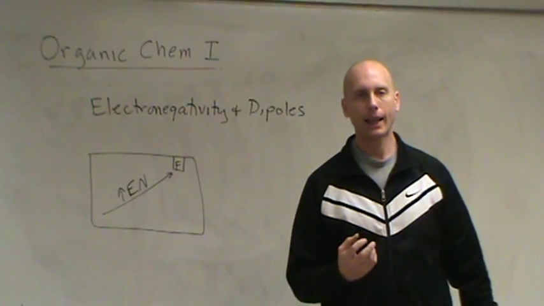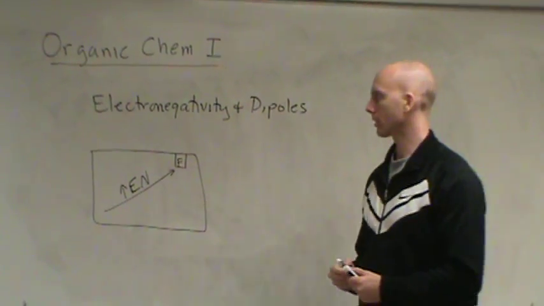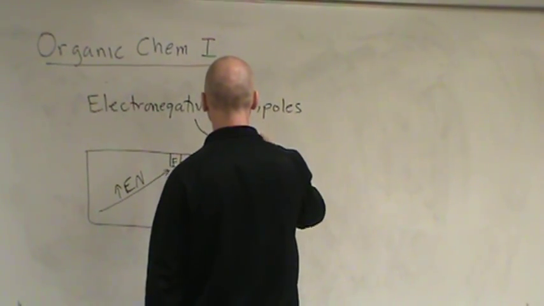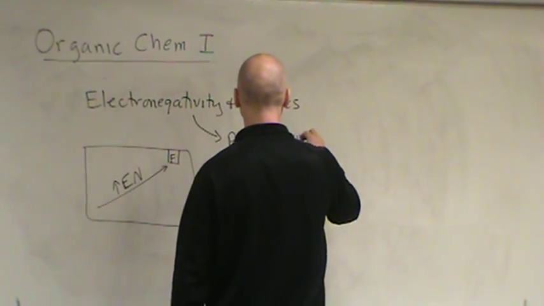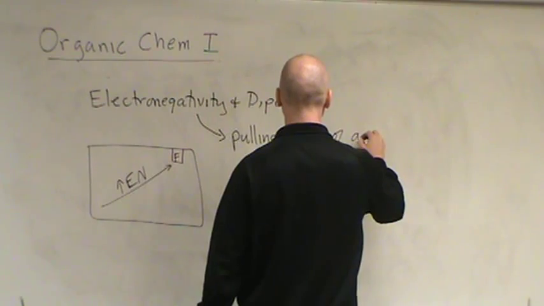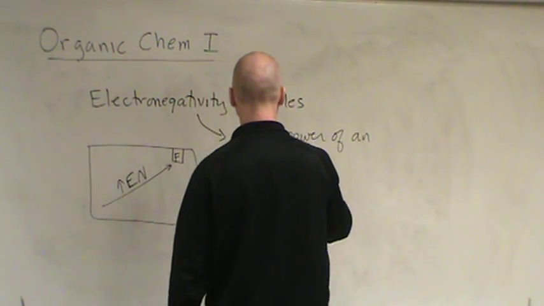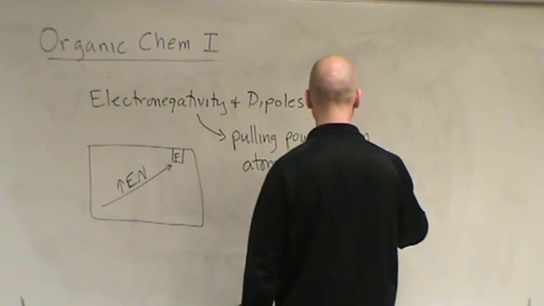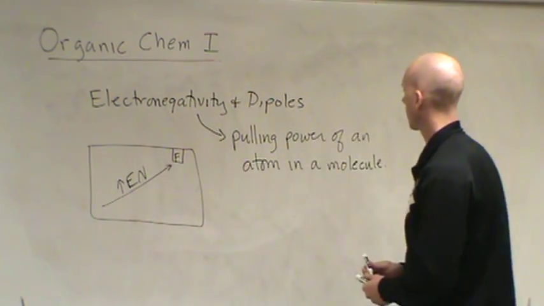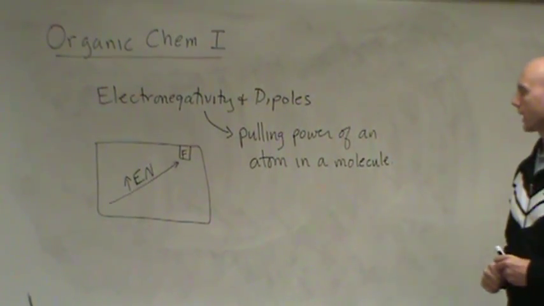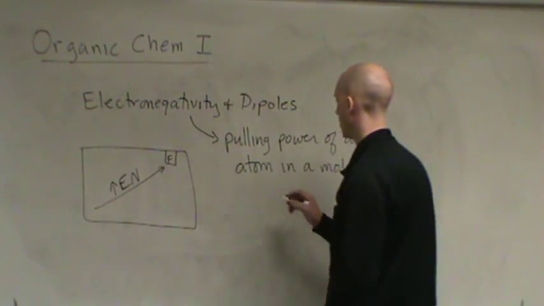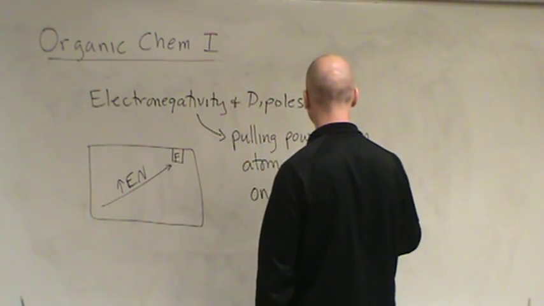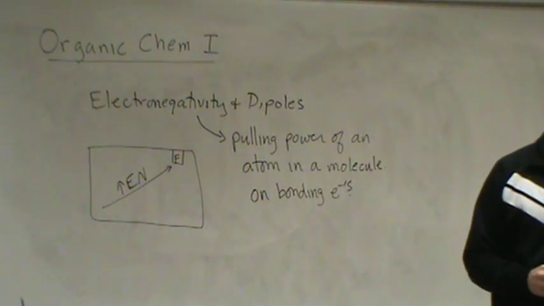What does it mean if an atom is very electronegative? Electronegativity refers to the pulling power of an atom in a molecule on bonding electrons.